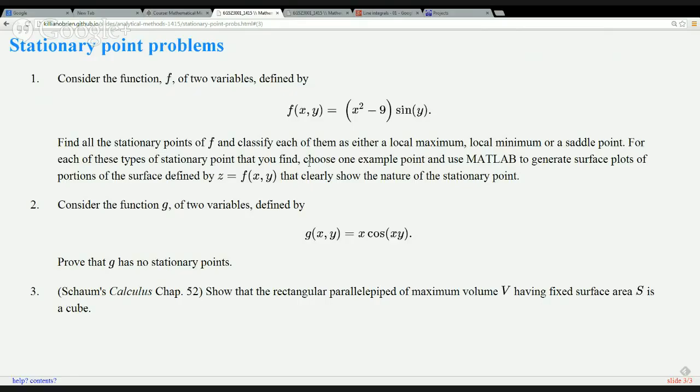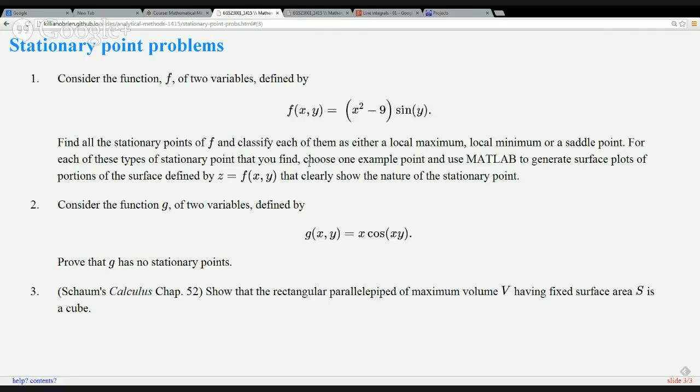Okay. Well, there are various approaches to this. We could set S equal to some fixed value, S naught, some fixed surface area, and obtain z in terms of x, y, and S naught, and substitute into V and proceed.